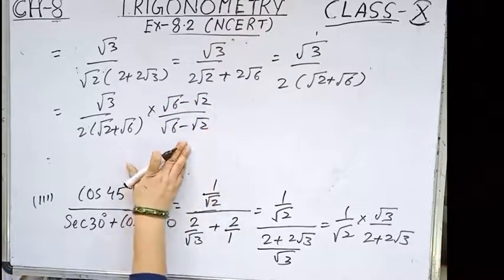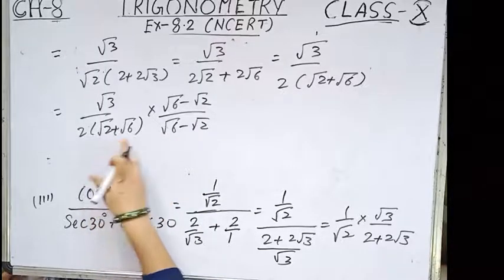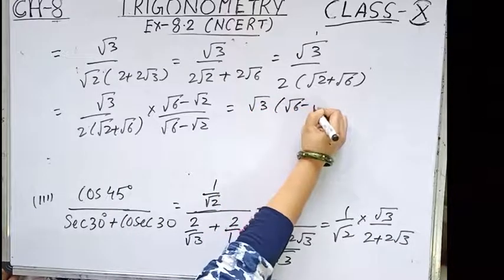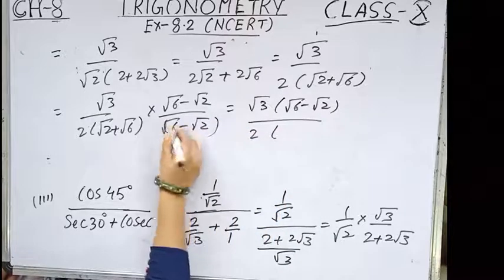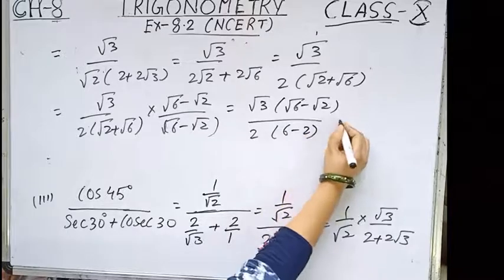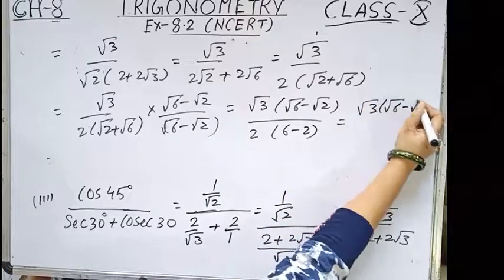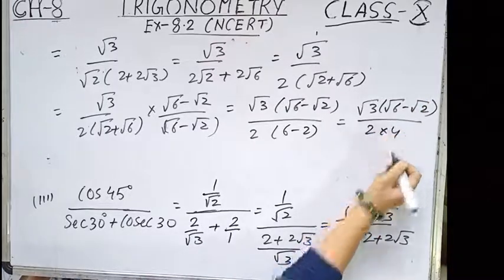We have to rationalize. We cannot leave the denominator in the form of a surd or any irrational form. So this will be equals to root 3 into root 6 minus root 2 by 2, and over here a plus b and a minus b, so 6 minus 2, that is 4. So this will be equals to root 3 into root 6 minus root 2 by 2 into 4.